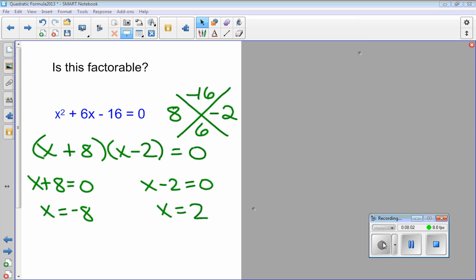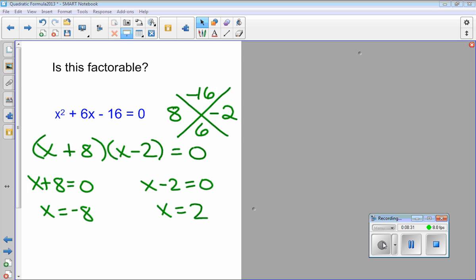So what we're going to do is look at something that maybe is not factorable. And you're going to solve it using something called the quadratic formula. If it is factorable, it's nice and easy. We know how to do it. We've done it all along. You factor it, find the answers. It's very quick. The problem is that if it's not factorable, it becomes an issue because it's not going to be quick and easy. Okay?